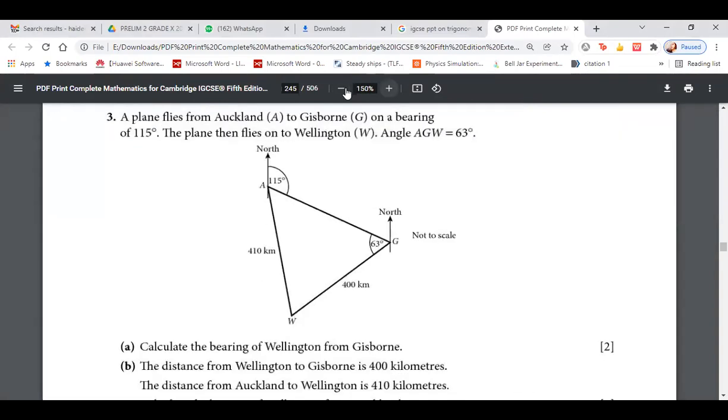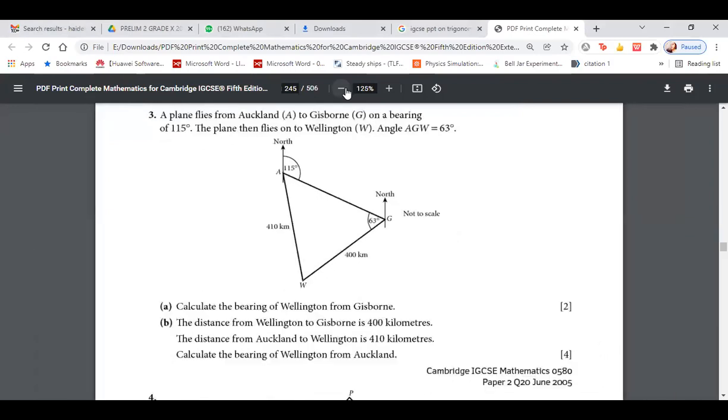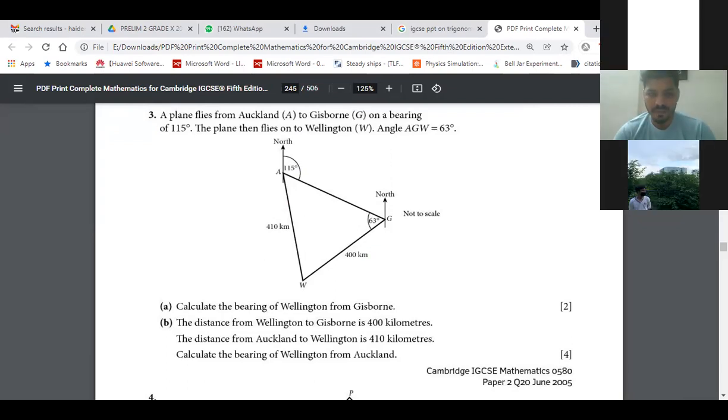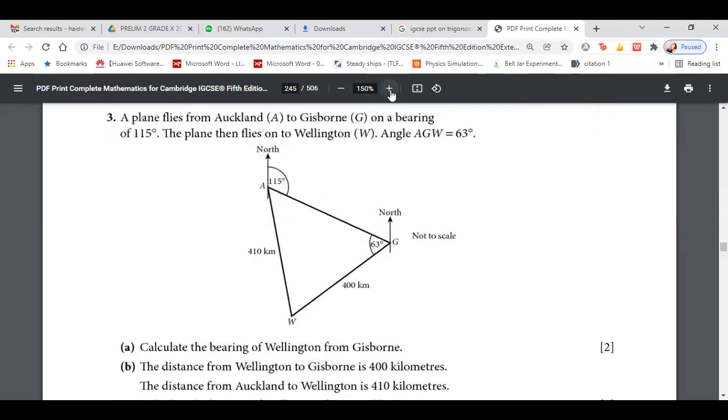I hope it is visible to all of you. Is the question visible? Is it readable or not? If I zoom, the whole question won't fit, so some part you will have to manage.